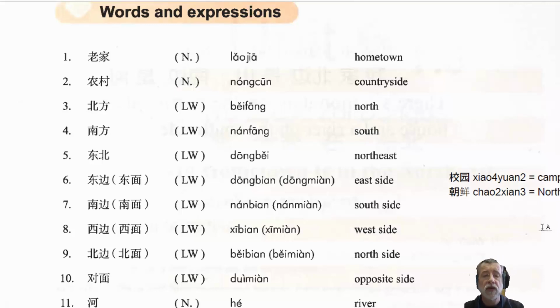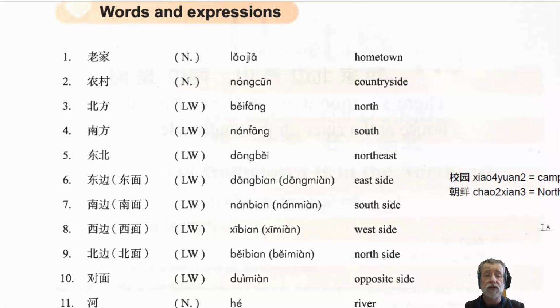Just while we're on the topic of the cardinal points of the compass, in English, when we go through all the different points on the compass, we talk about north, south, east, and west. In Chinese, it's different. They refer to it this way: 东南西北. And you'll notice that the word list here reflects that. 东边, 南边, 西边, 北边.